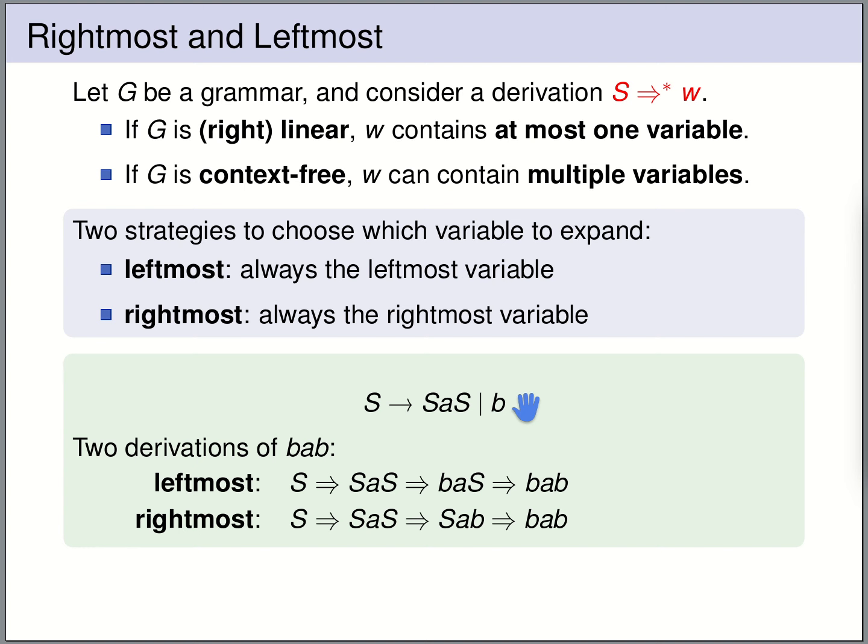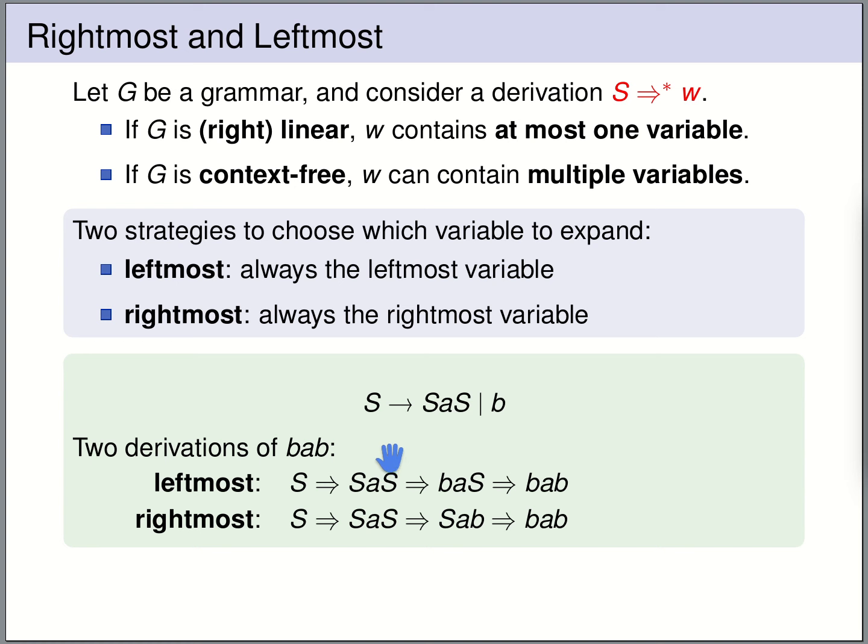So let's have a look at a simple example. Here we have a grammar: S can be rewritten to SAS or to B. We want to derive the word BAB. We start from our starting variable, we apply the first rule, so we rewrite S to SAS, and then in the word we have two variables, one S and another S, and now the strategy comes into play.